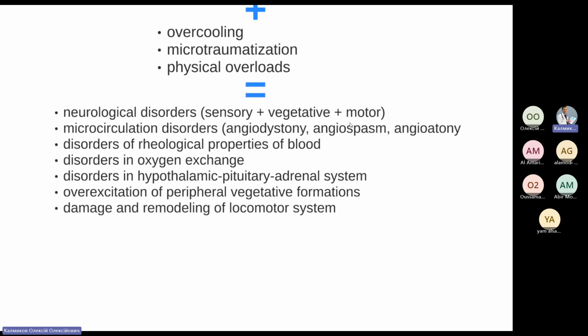Disorders of rheological properties of blood. There are plenty of these changes. In brief, just to make you remember, these patients, due to disturbances of neural vegetative regulation of vascular tone and this dystony, angiospasm, and even angioatony, develop edematous condition.